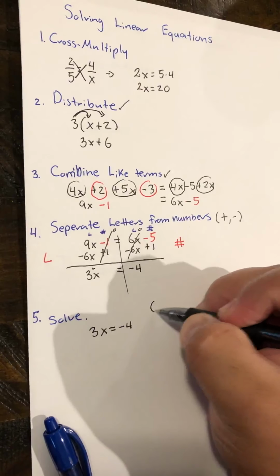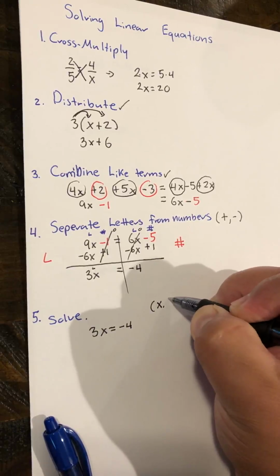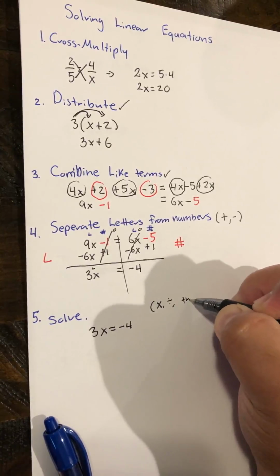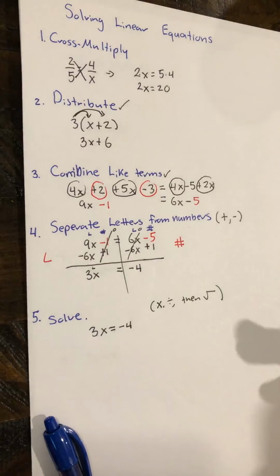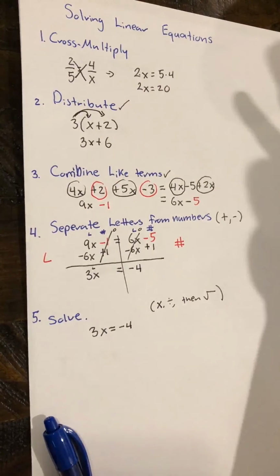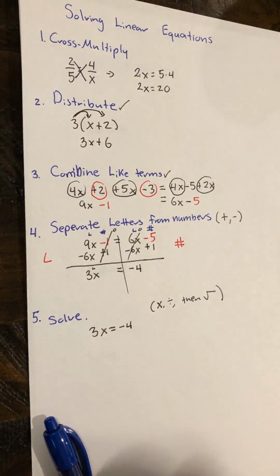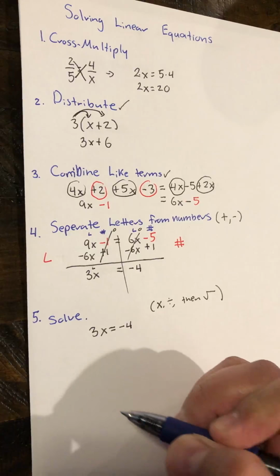In the solve step, my tools are multiply, divide, and square root. All of these are if necessary. Sometimes you don't need these steps, and sometimes we need all of them. So this 3x is giving me a negative 4.